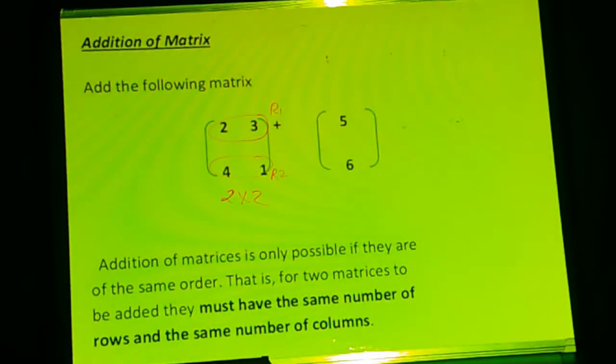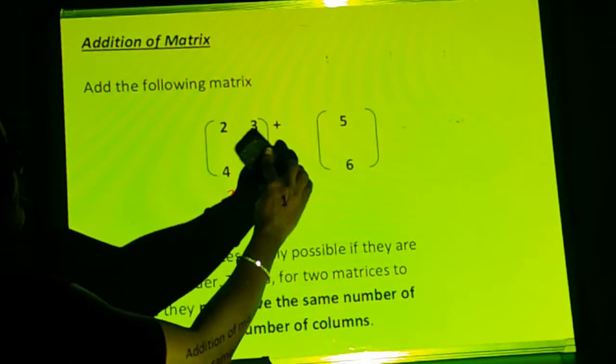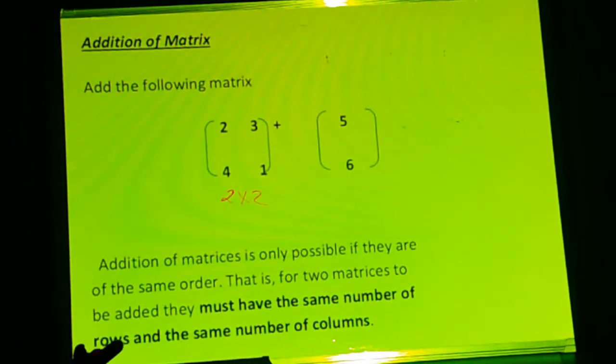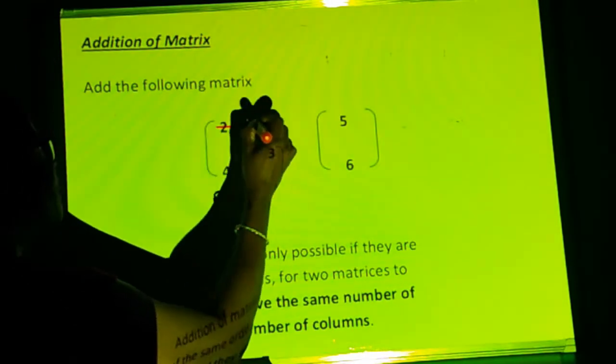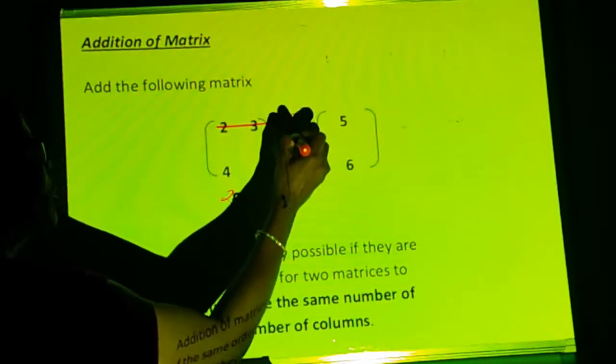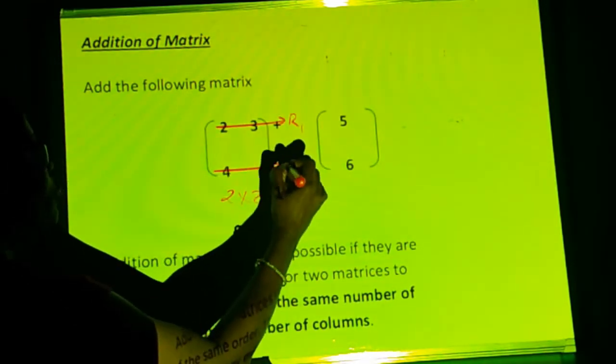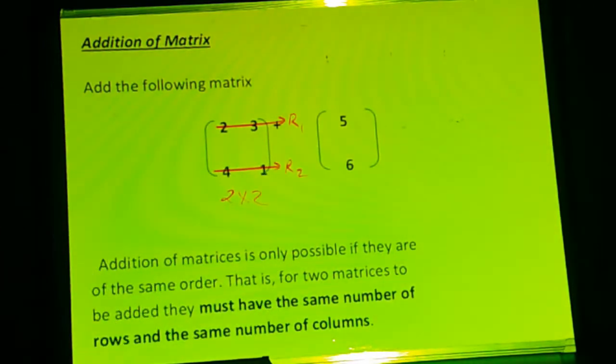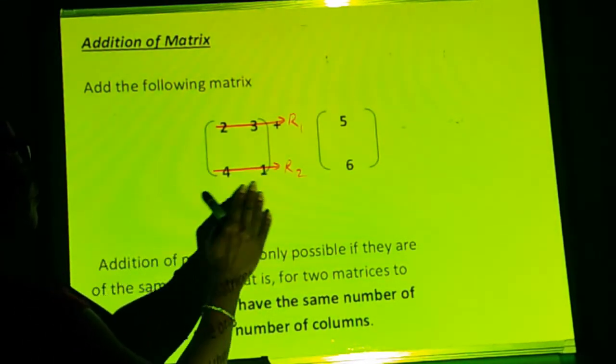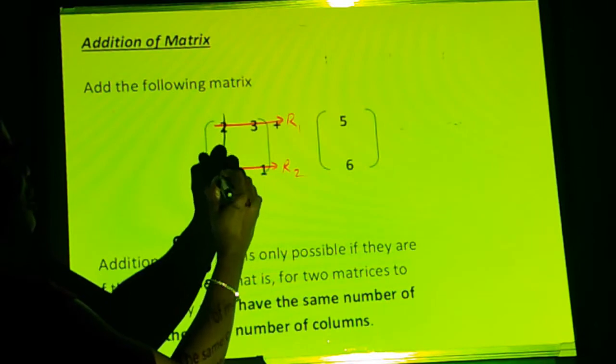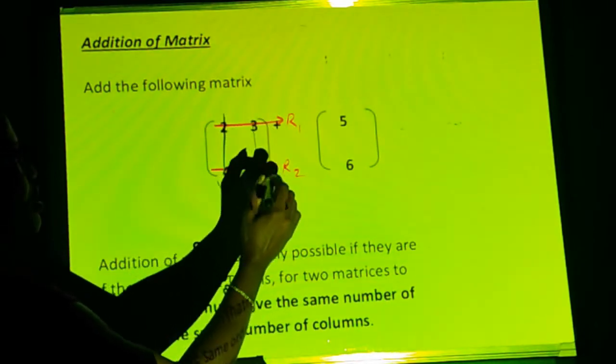I'm going to just use the arrows instead because the circles take up a lot of time. So we're going to use the red again for rows. So row 1, row 2. And we're going to use a blue marker for the columns. So that's a 2 by 2 matrix.